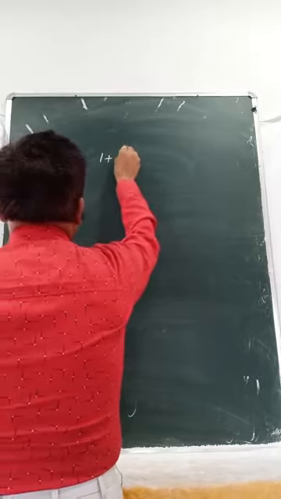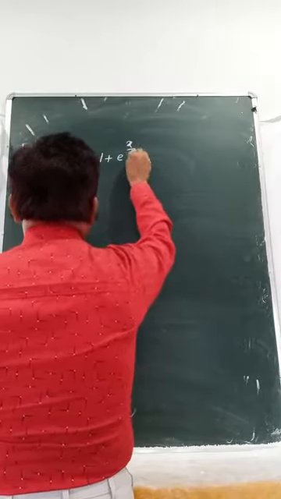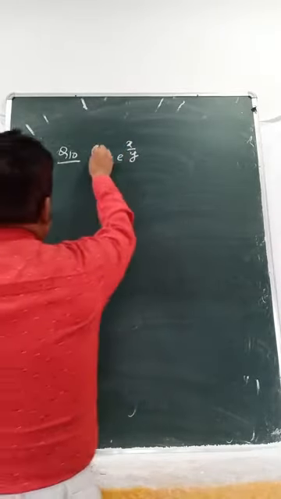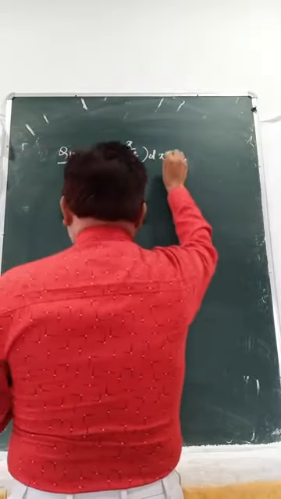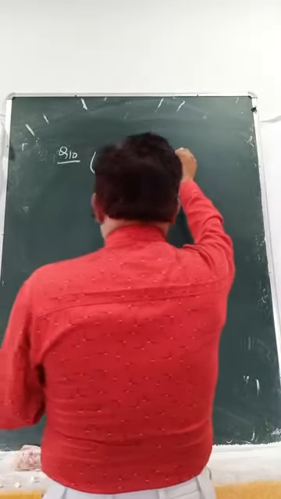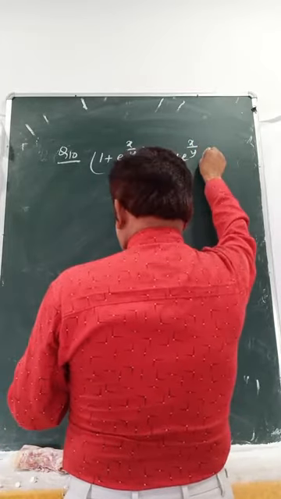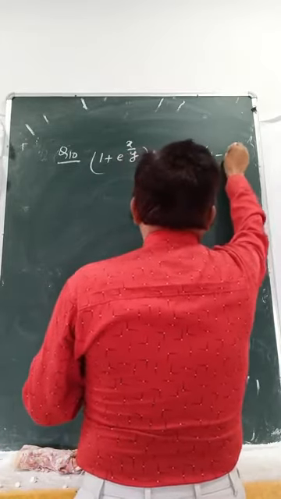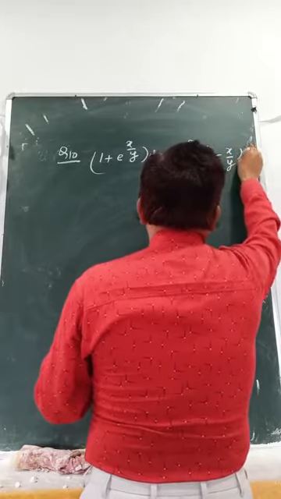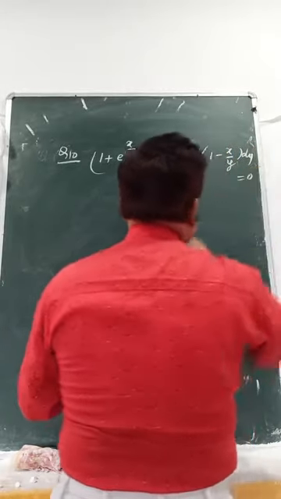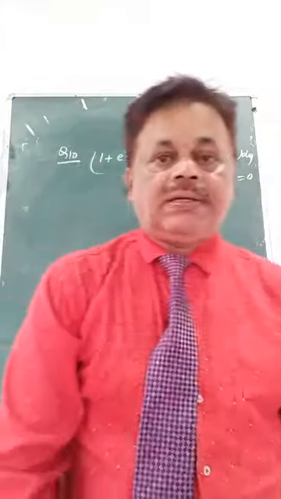(1 plus e to the power x by y) dx plus e to the power x by y (1 minus x by y) dy equals 0. This is a new pattern of question. So this is something different.